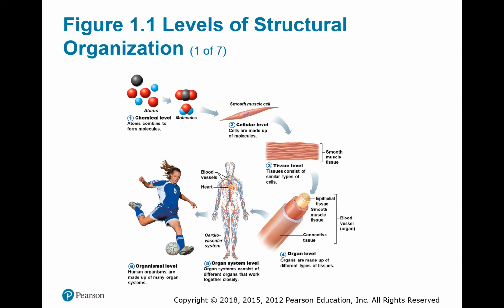And like I said, if you combine the organ systems, like the cardiovascular system, digestive system, respiratory system, they will all create an organism. And you are that organism. So we are made up of several different types of organ systems. So make sure not only do you understand the specific levels that we're seeing, make sure you can put them in order and make sure, again, you can define them.